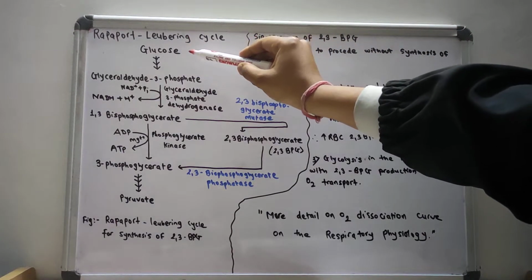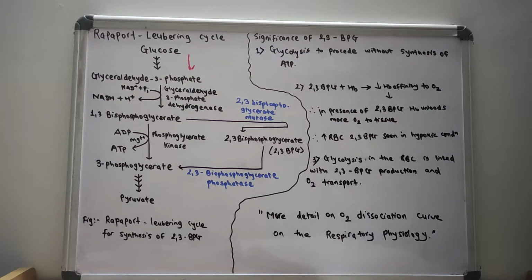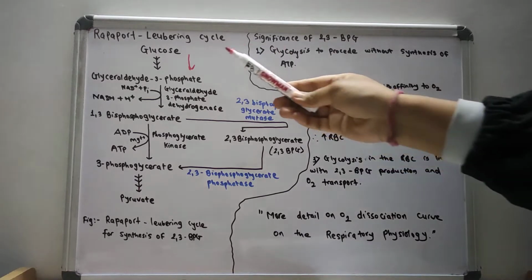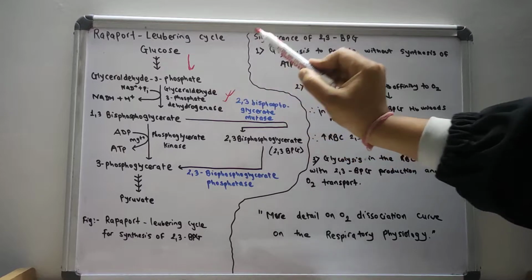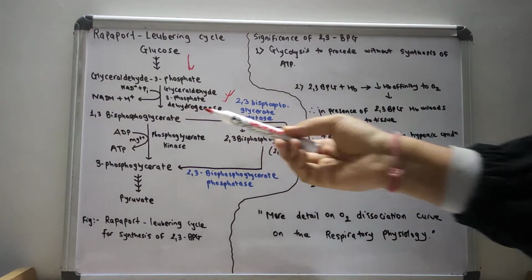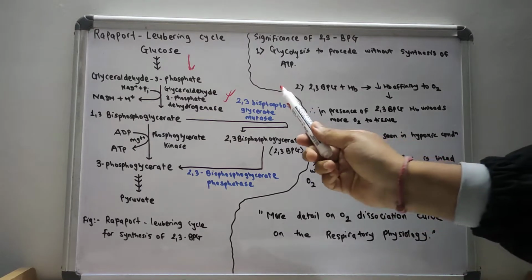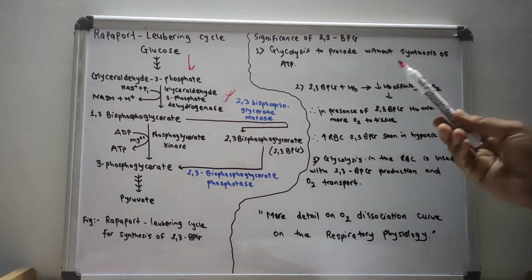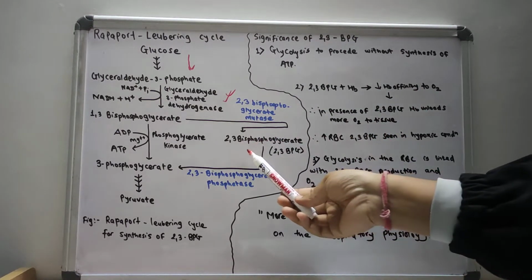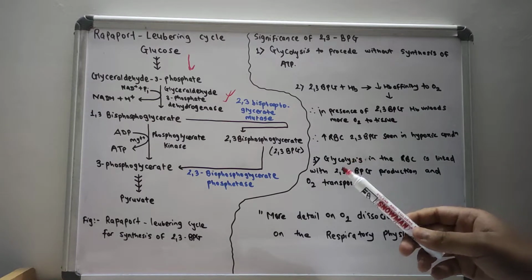From the glucose, the glyceraldehyde 3 phosphate is produced, and from the glyceraldehyde 3 phosphate, by the action of glyceraldehyde 3 phosphate dehydrogenase, the 1,3 bisphosphoglycerate is produced. So on the 1,3 bisphosphoglycerate, upon action by the 2,3 bisphosphoglycerate mutase, 2,3 bisphosphoglycerate is produced.